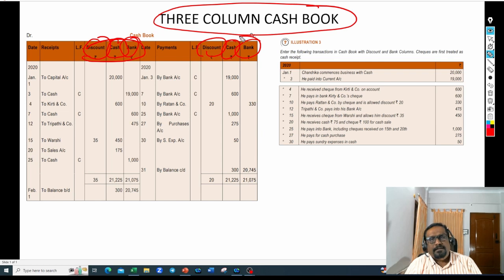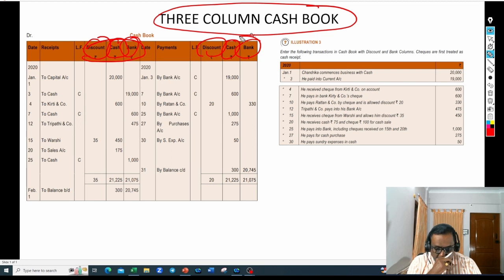That means the discount account, cash account, and bank account are all there in this three column cash book. Discount account, cash account, and bank account together you prepare, that is called three columnar cash book. Those are the three things available in that.